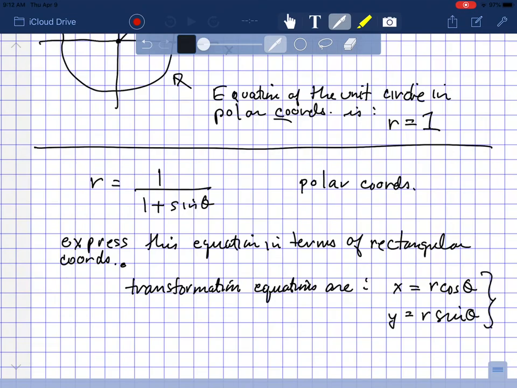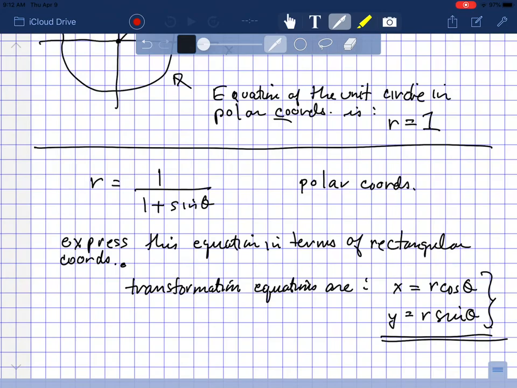Now you really have to master these transformation equations. They're very important, and you will see these later in the calculus sequence, if you're taking the engineering calculus sequence.